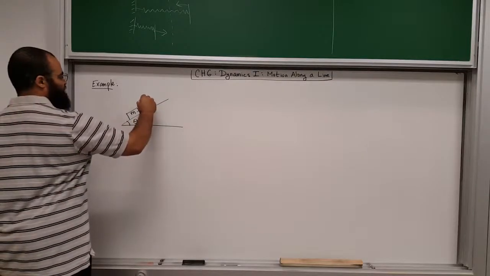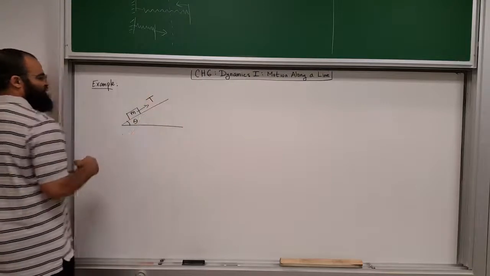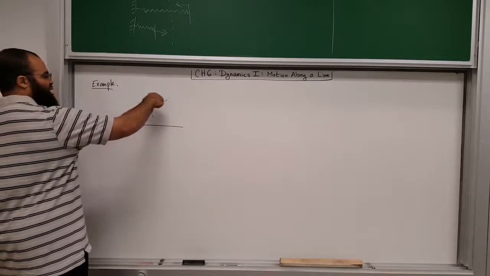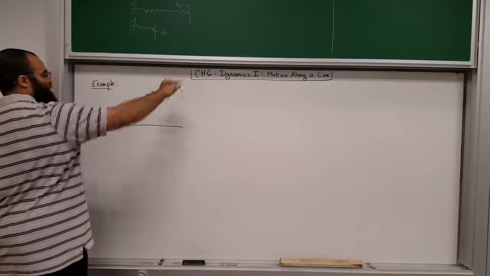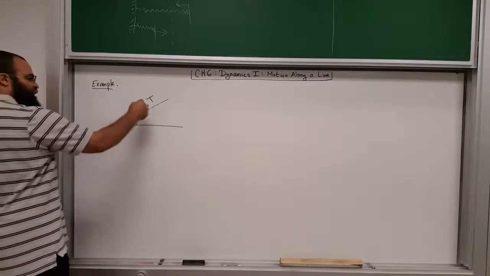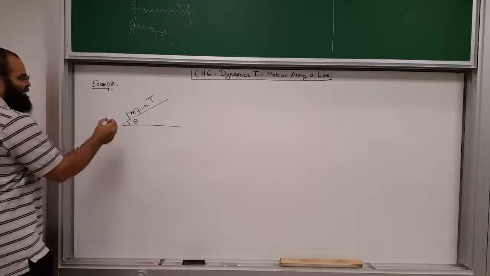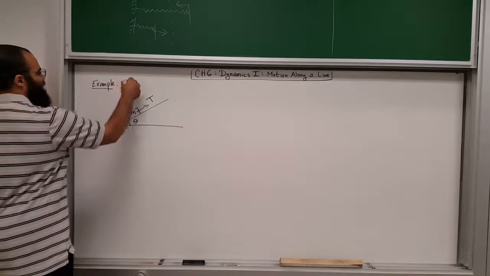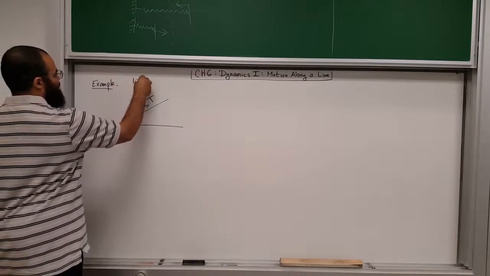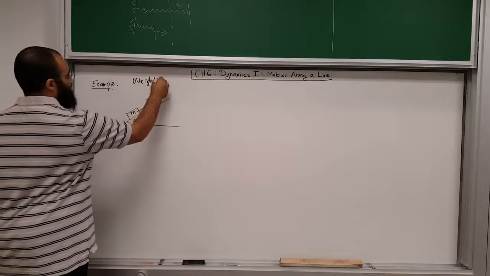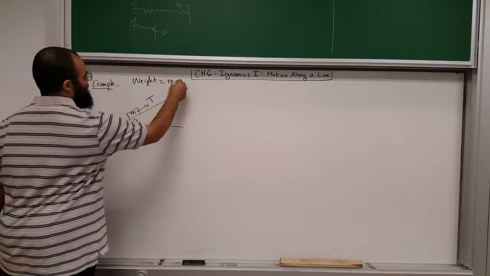It's being pulled. Let's call this the force of tension because it's being tied. There is a tow truck, and the tow truck is pulling on the car. The effect is that there is the force of tension on the car. And let's say the weight of the car, by the way, the weight is mg, the mass times gravity.